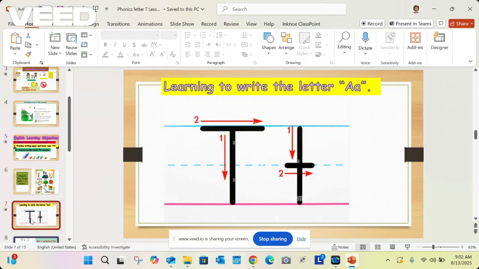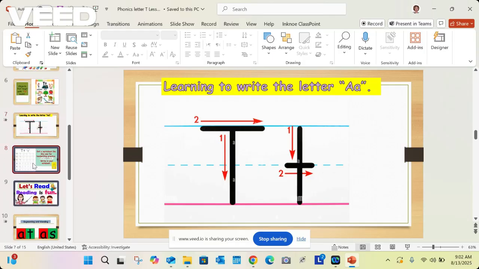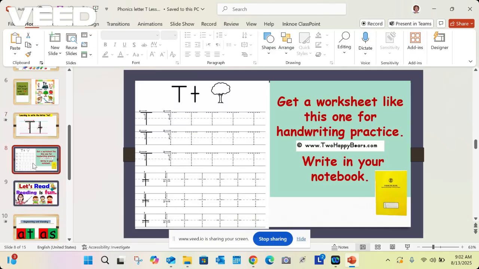So now it's your time to practice on the worksheet. Wow, you can go to this website and download as many worksheets as you can for more practice. Can you see? One, two. Then here you are going to trace by yourself to get more practice.